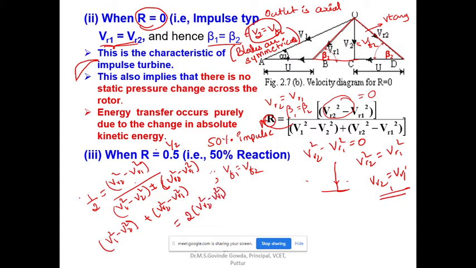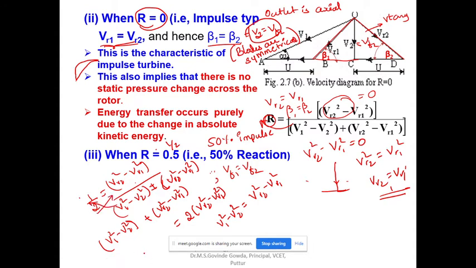I have just cross multiplied it. Now bring this term to this side. See here, this is 1 by 2. The 2 will go this side and 1 will come this side, that is how you multiply.